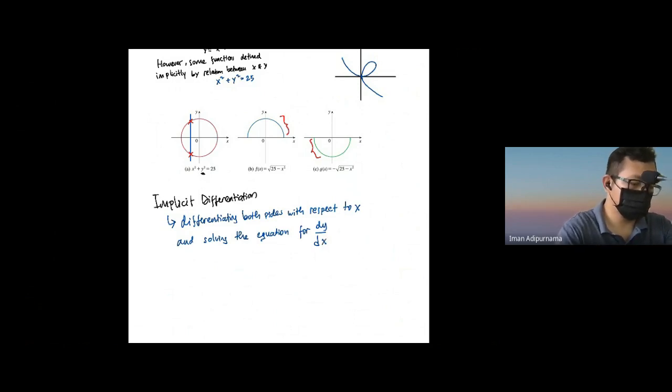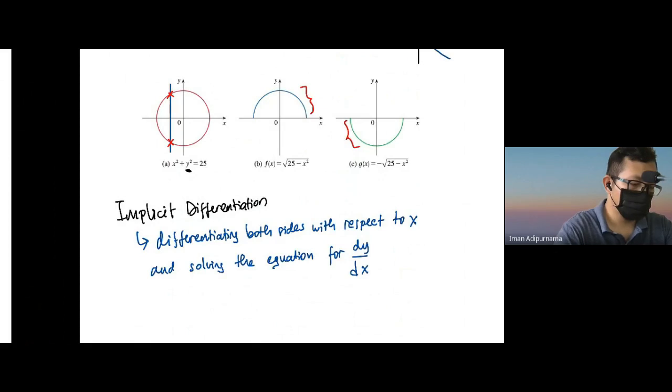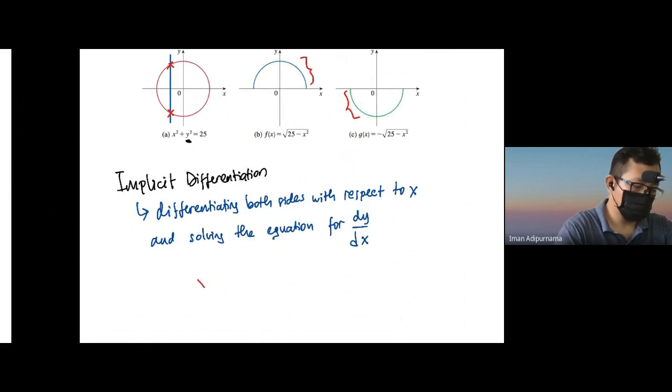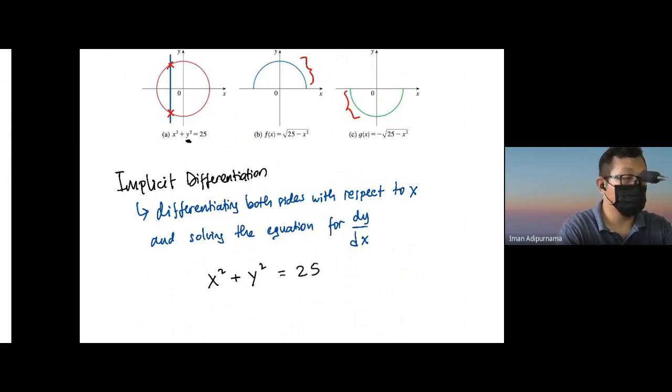So what does it mean? If we have x squared plus y squared equals 25, we can differentiate both sides.